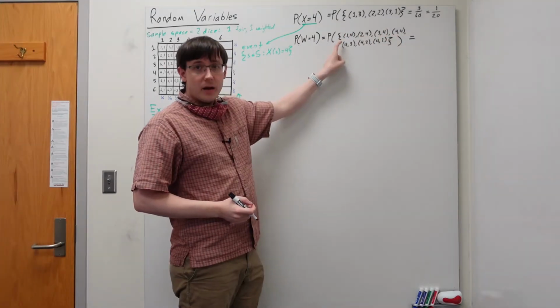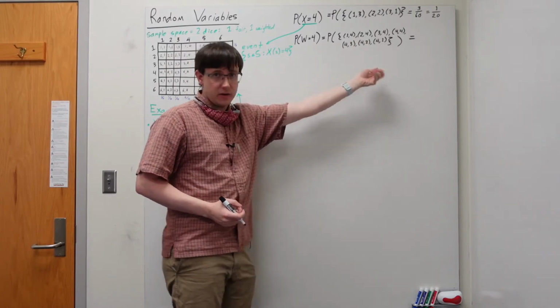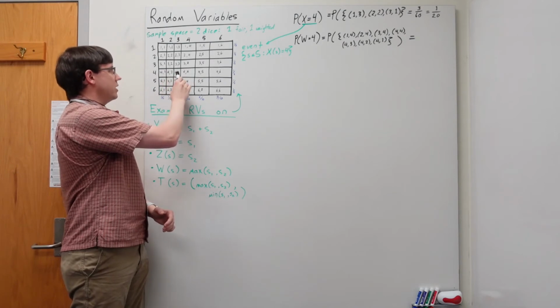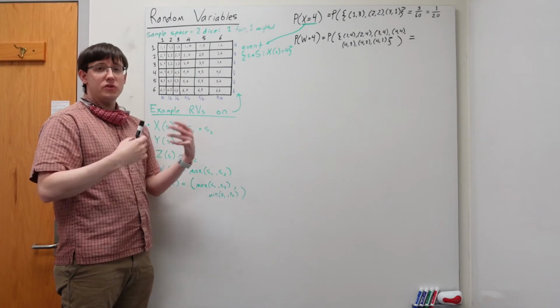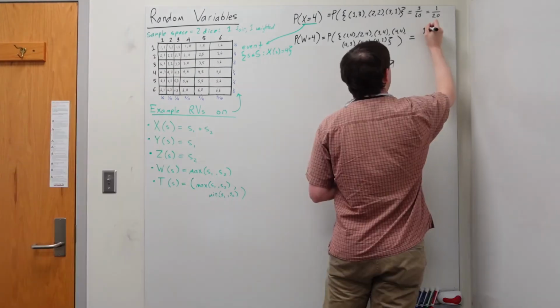And so if we add up the probability of all of the outcomes in this event, we get 1/60th plus 1/60th plus 1/60th plus 4 times 2/60ths. So we get 11/60.